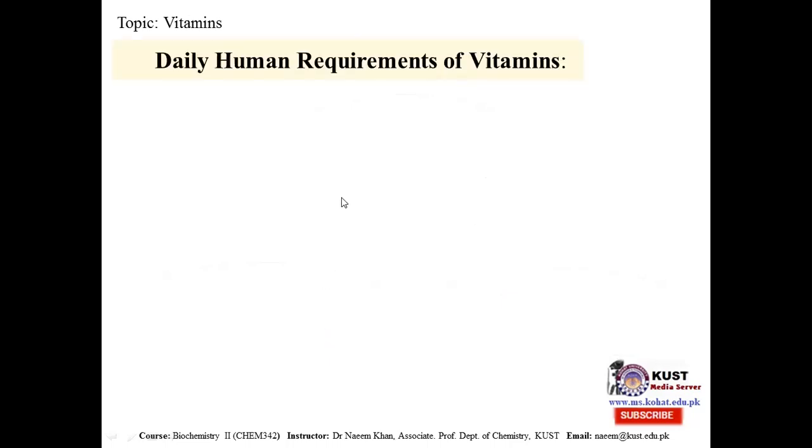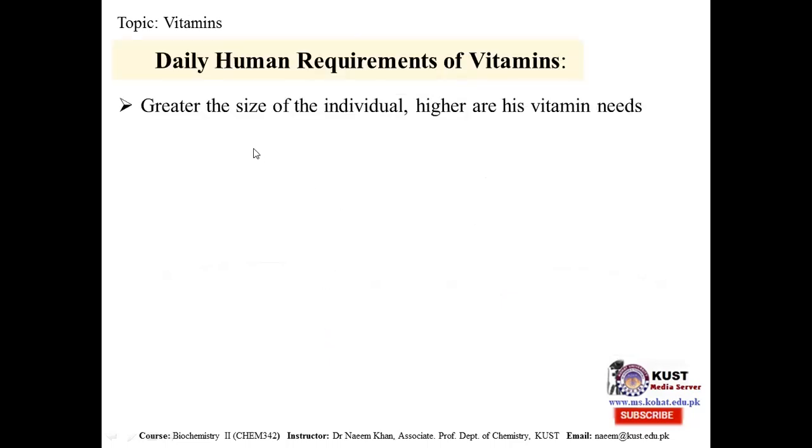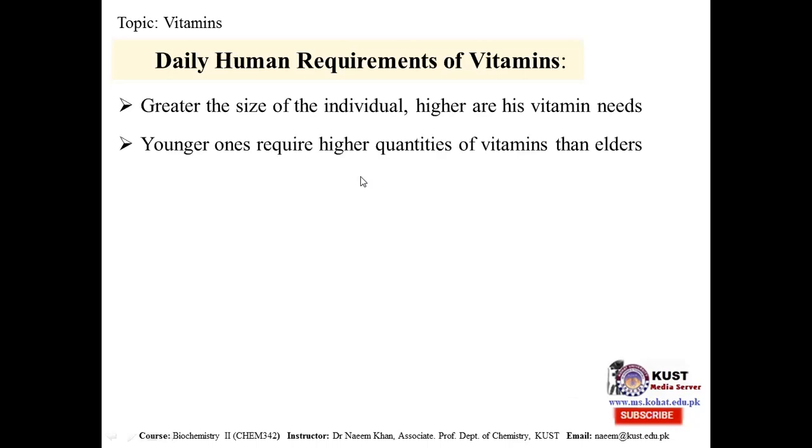Daily human requirements of vitamins. The vitamin requirement for an individual is dependent upon the size and surface area of the individual. The greater the size and surface area of the individual, the higher will be the vitamin requirement because they are exposed for activity.